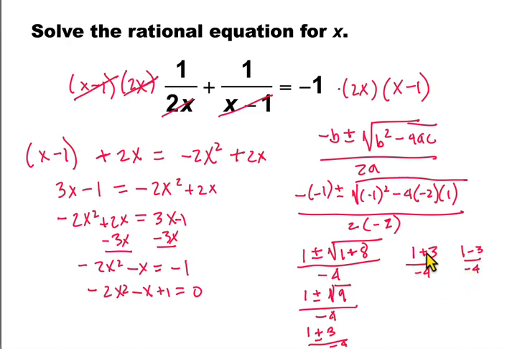This simplifies to 4 over negative 4, and this simplifies to negative 2 over negative 4, and finally we get the solutions to this rational equation, x equals -1 or x equals positive 1/2.